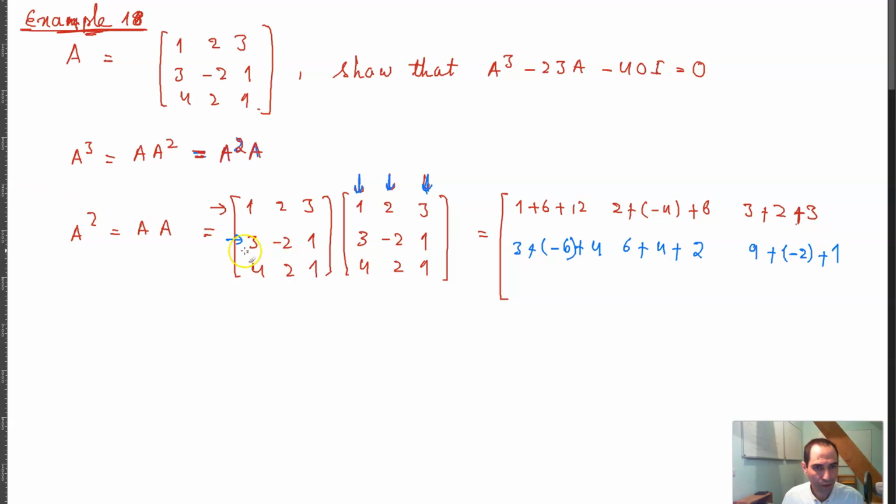And then moving to the next row, this column, 4 times 1 is equal to 4, 2 times 3 is equal to 6, and 1 times 4 is equal to 4.